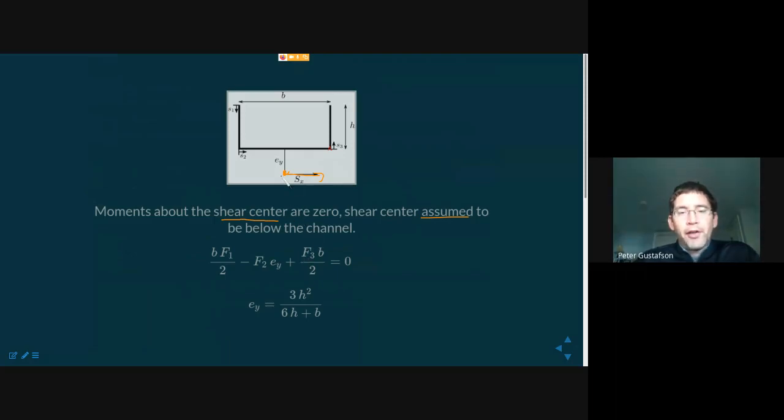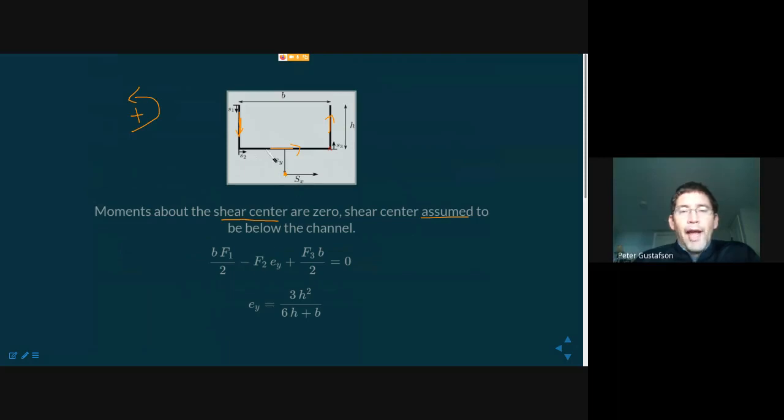Okay, so here I need to then calculate for the resultant forces F1, F2, and F3, what are their contributions to the moment? If I define moment as positive counterclockwise, then F1 here contributes F1 times B over 2, positive, relative to this point.